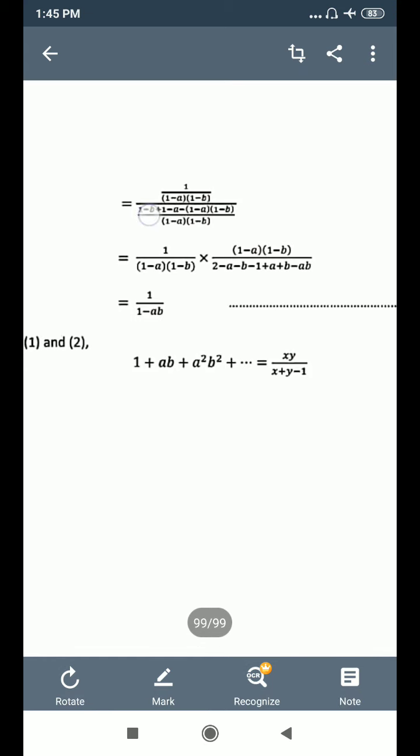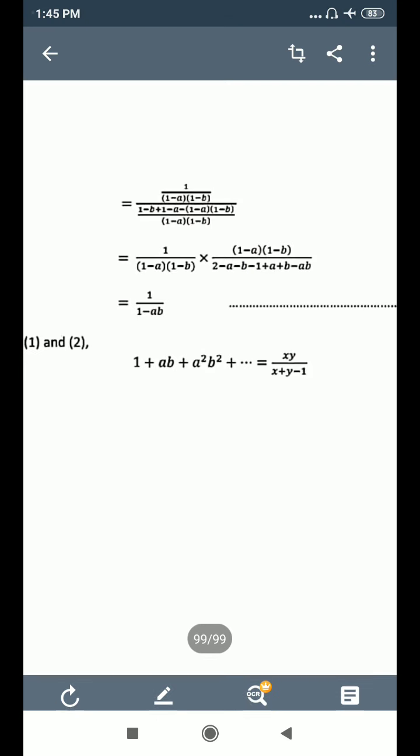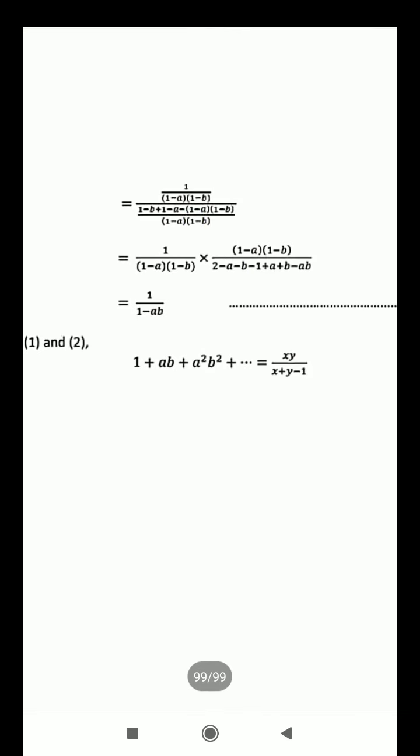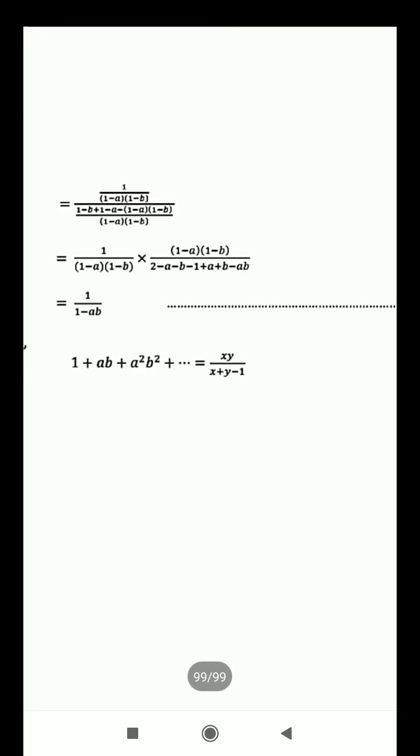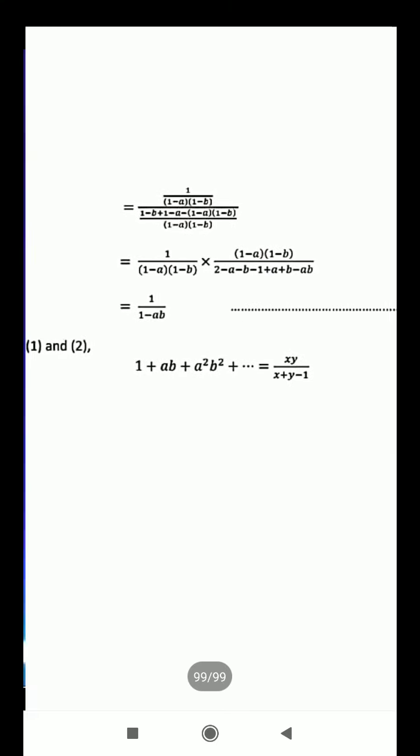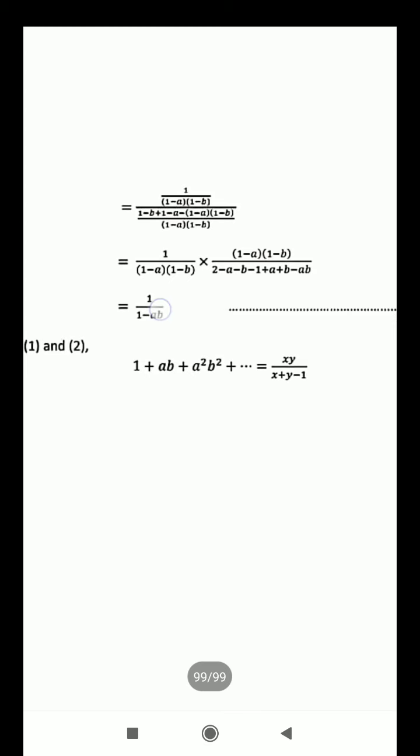Its denominator when we calculate it will be 2 minus a minus b minus 1 plus a plus b minus ab. You simplify this by opening the bracket. Now this one particular term is cancelled out by this. In denominator it will be only 1 minus ab. So in left hand side we also obtained the same thing. Right hand side is also the same thing. So in this way we can prove this one particular question.